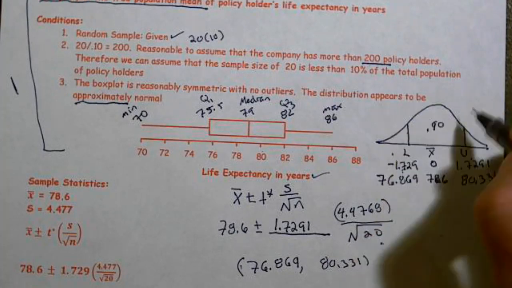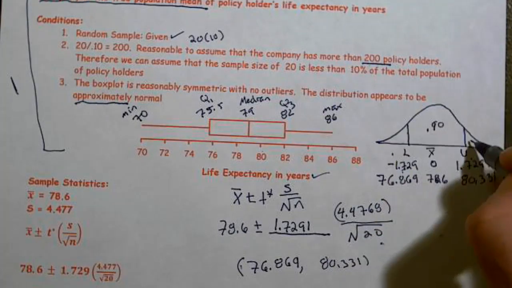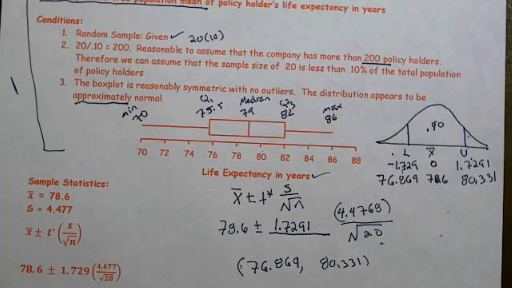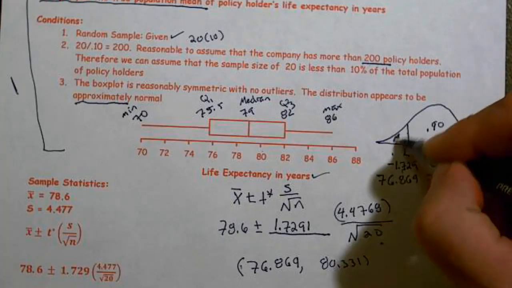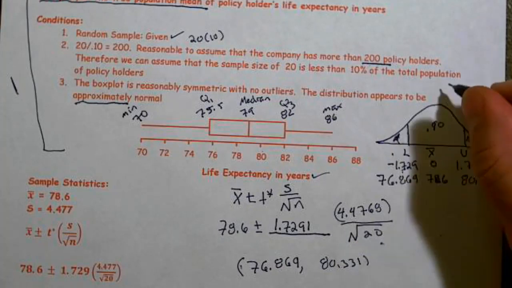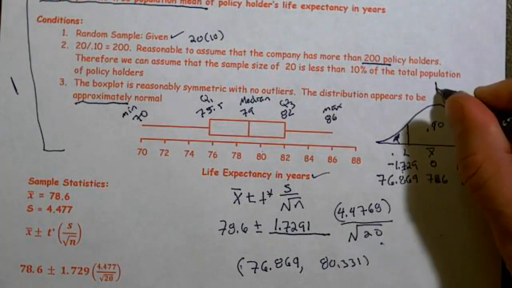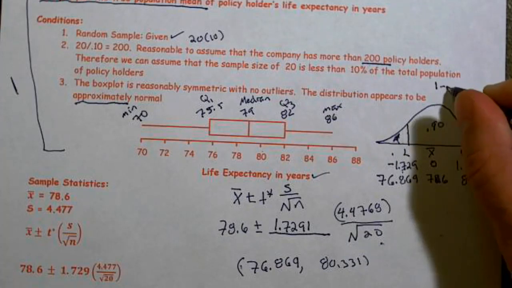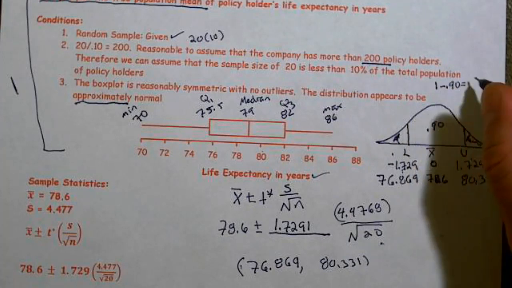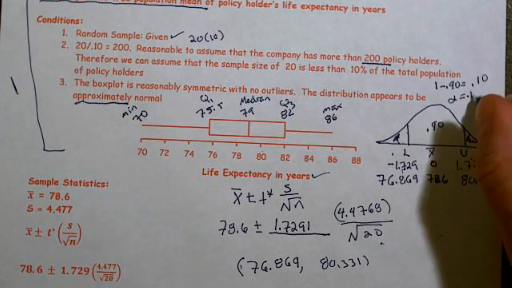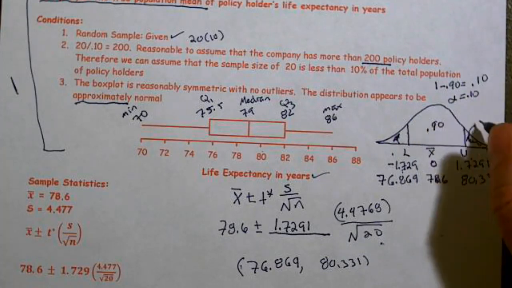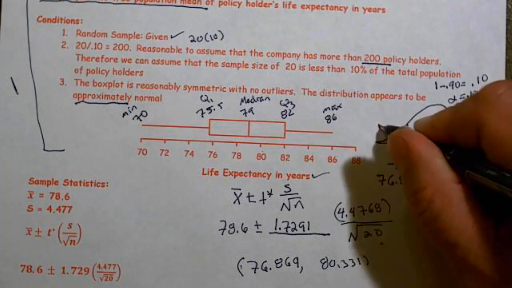Now, really quickly, I want to talk about this. All confidence intervals are two-tailed tests. In other words, I have area in the tails. That area happens to be known as alpha. Alpha is just the area in the tails, which is 1 minus 0.90, or 0.10. So alpha in this case is 0.10, and this is alpha over 2, which is 0.05, and this is 0.05.